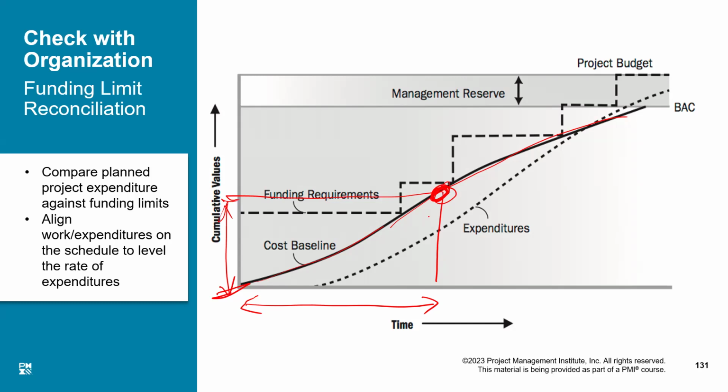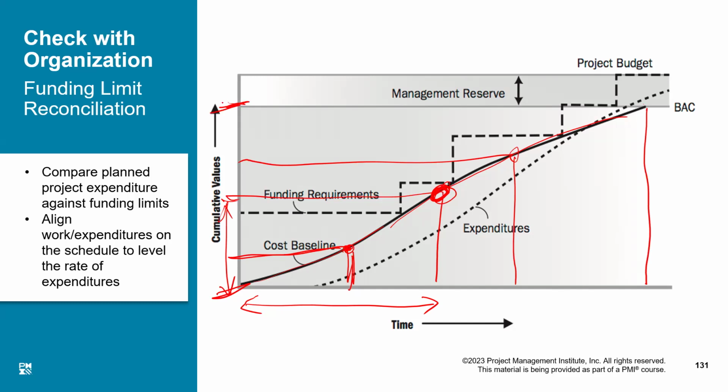We should have spent as per the plan. That means at any point in time, at this time, we should have spent this much money. At this point, we should have spent this much money. And at this point, which is the highest point on the S curve, we should have spent this much money.